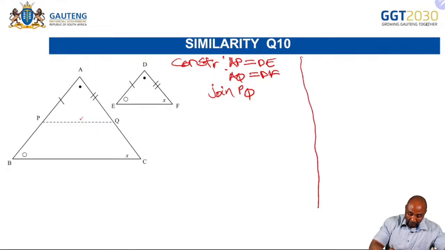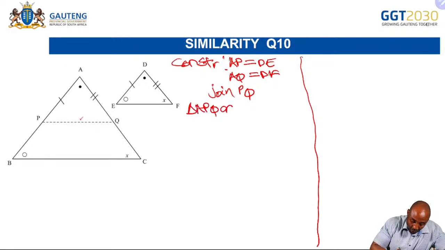From there on, we have triangle APQ and triangle DEF. You will realize that AP is equal to DE. This is by construction.